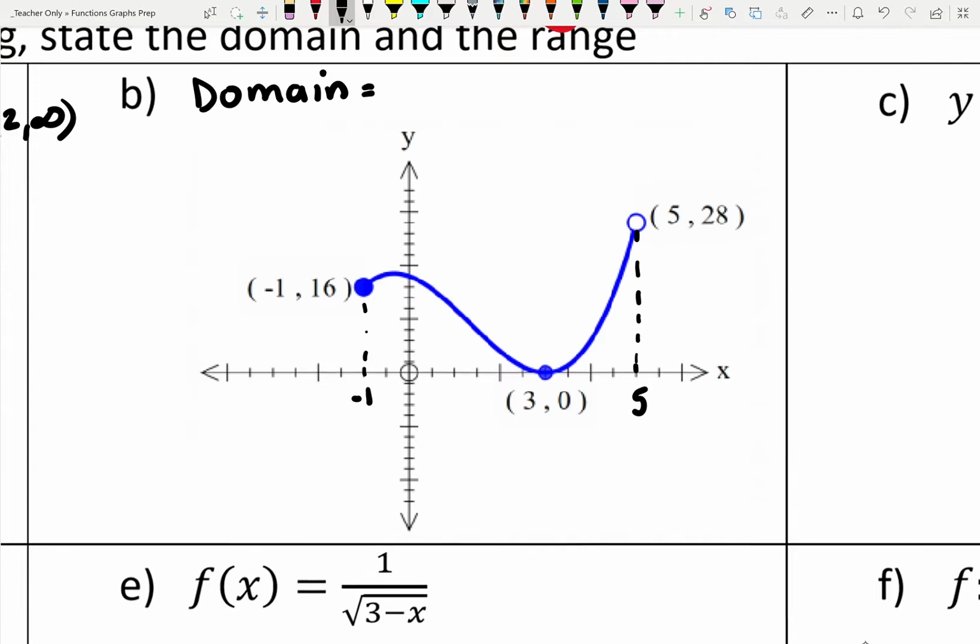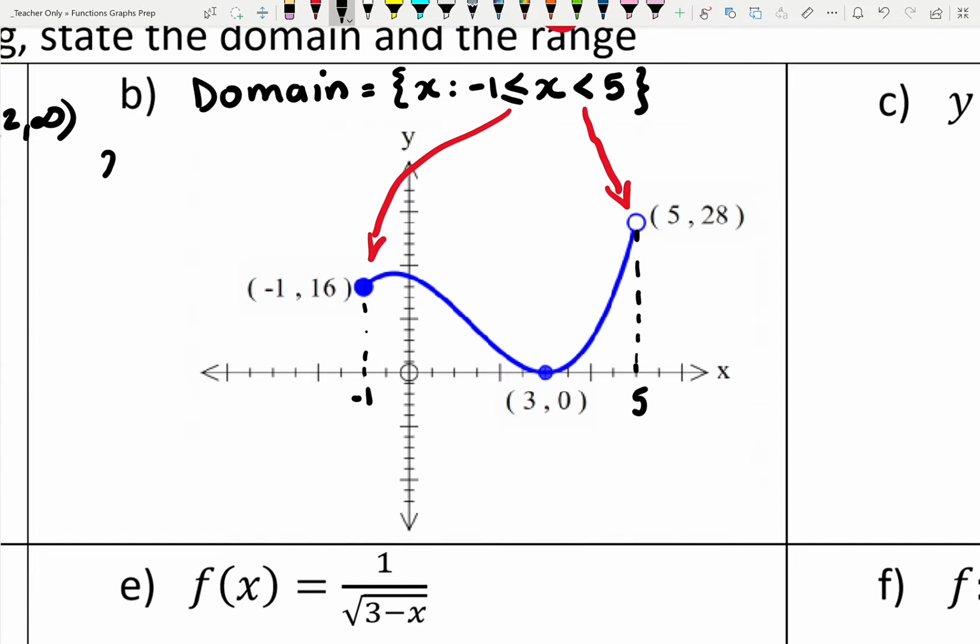So our domain is the set of all x such that -1 is less than or equal to x. It gets the equal because it has the solid dot, or x is less than 5. And the 5 is just less than, not less than or equal to, because it's got that open dot. That point is not actually included.